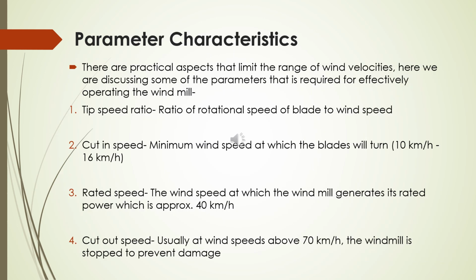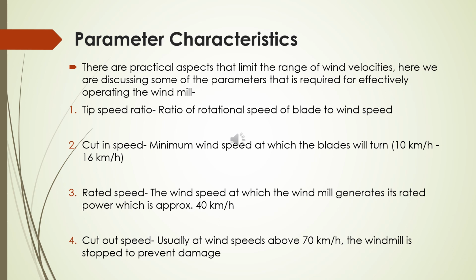As we have seen in the previous slide, the wind speed is playing a crucial role. The power of the wind varies with the cube of the wind velocity. So regarding that, we are discussing some of the parameters associated with the wind velocity that is required for effectively operating the windmill. The first one is tip speed ratio.